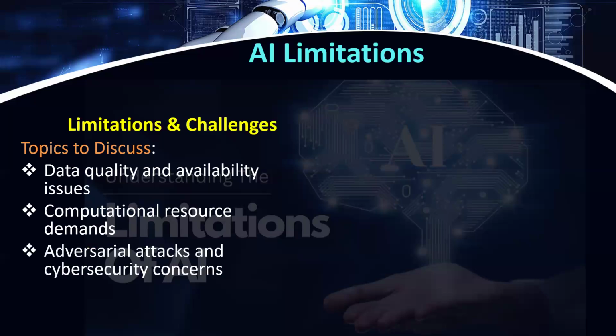Then adversarial attacks and cybersecurity concerns. Many people, just like the way technology is advancing, other bad technologies are advancing, like malware development. Do you have a malware developer in the house? Okay, okay. Just like the way you are busy studying software engineering, there's something else called malware engineering.